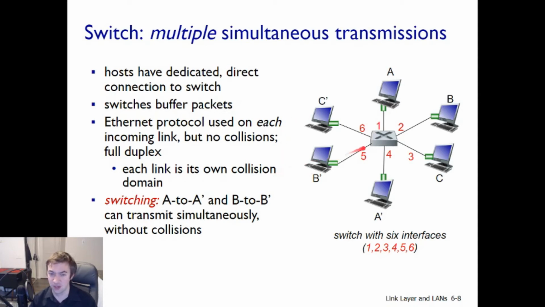So each link here is its own collision domain. You don't have to worry about what's happening from A colliding with what's happening from B. When it comes to switching, for instance, you want to transmit something from A to A apostrophe, A to A apostrophe and B to B apostrophe can all send directly across with no collisions actually happening, because they're all different devices with their own different links.